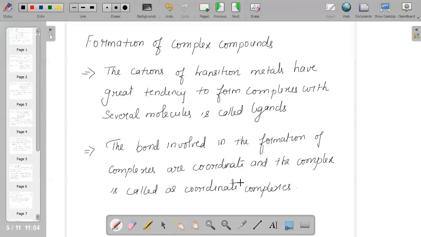Highly electronegative and basic ligands like fluorine and chlorine could form a complex with the transition metals, even in a high oxidation state, because of their small size and high charge, or even neutral ligands with lone pairs of electrons, which help in the formation of a sigma bond by donating a lone pair of electrons. So transition elements are helpful in the formation of complex compounds, or we can say coordinate compounds.